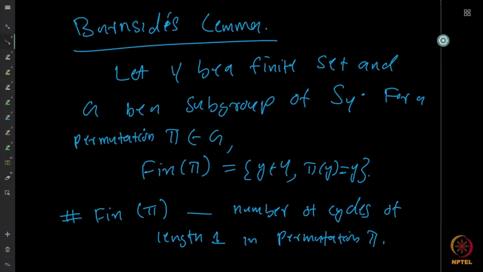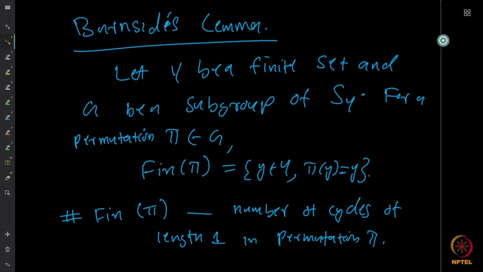Burnside's lemma says the following. Let Y be a finite set, right? And G be a subgroup of S_Y. Now, for some permutation in G, let's say pi, the set fix of pi is the set of all elements y in Y such that pi of y is y. That is, the elements which are unchanged under the action of pi, right? The permutation may not change some elements.